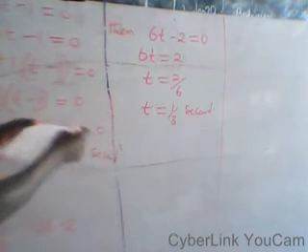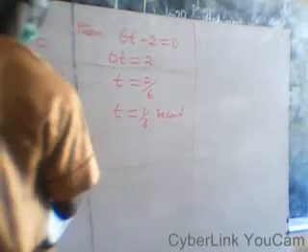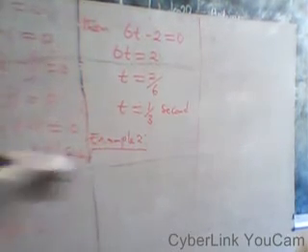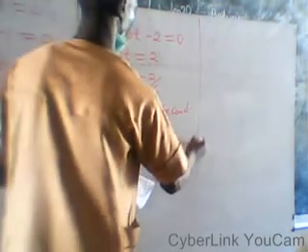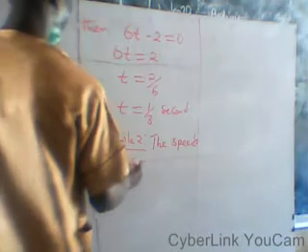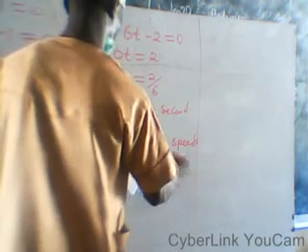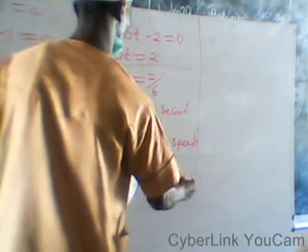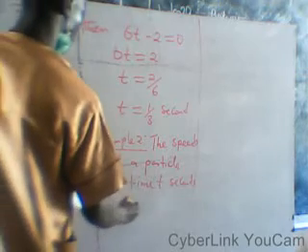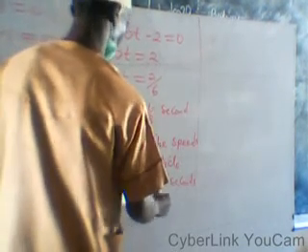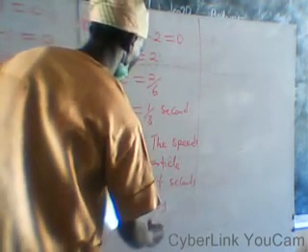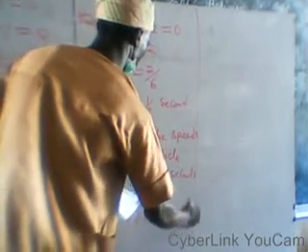Then the second example. Example 2. We are told that the speed of a particle after time t seconds is given by v is equal to 7 plus 25t minus 4t squared.